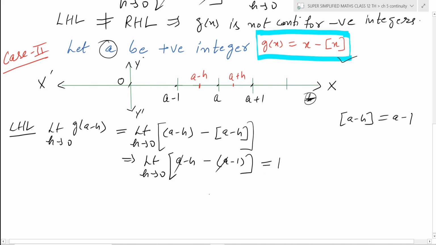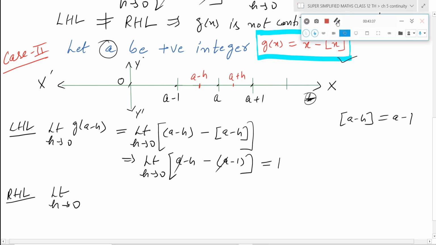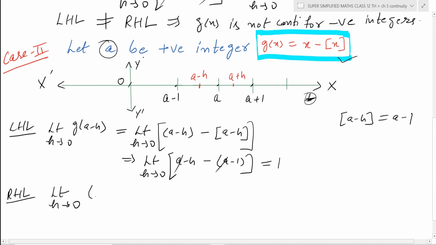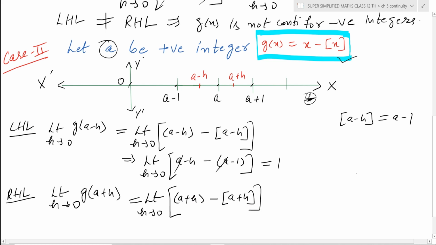Similarly, if we want to find out the right hand limit, that will be limit h tends to 0, g of a plus h, which is equal to limit h tends to 0. Now expression for g(x) is this, we replace x by a plus h. So we will have a plus h minus greatest integer function of a plus h.